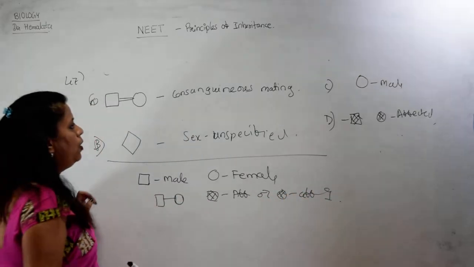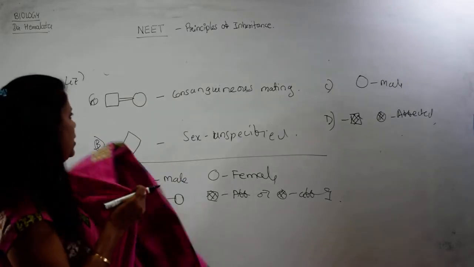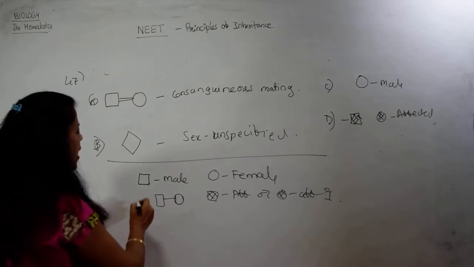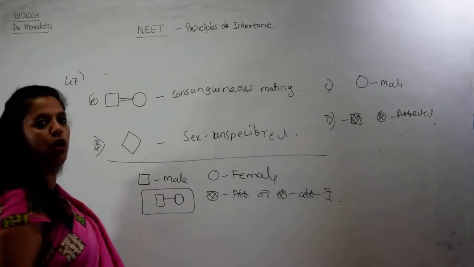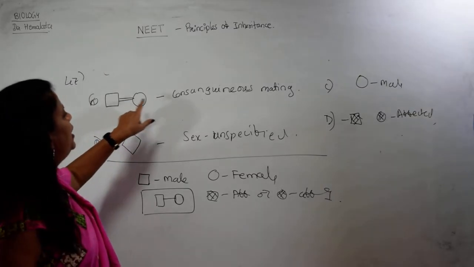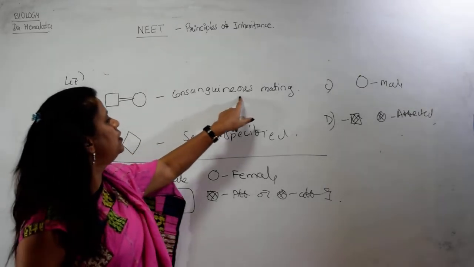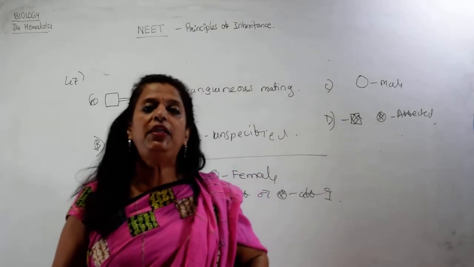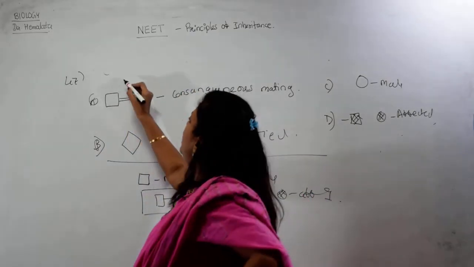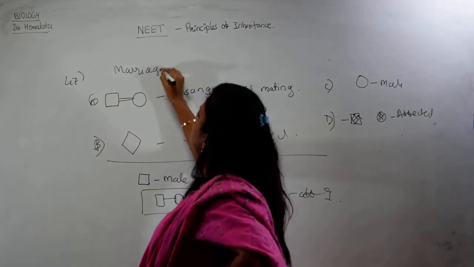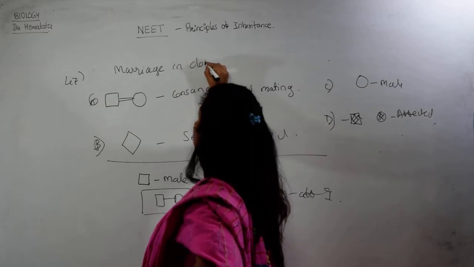Okay? But now something else is there. You just check it here. This is not one line. If they write one line, it is like a marriage between a male and a female who are normal. Right? But if they are making two lines, it means consanguineous mating. Consanguineous mating also we call it. What is the meaning of this? It means marriage in close relation.